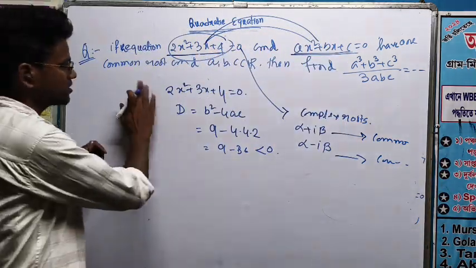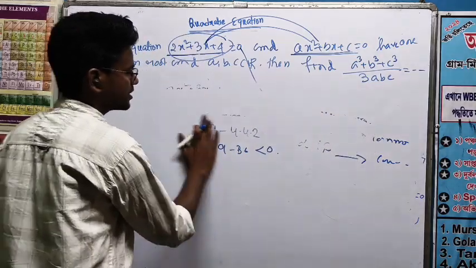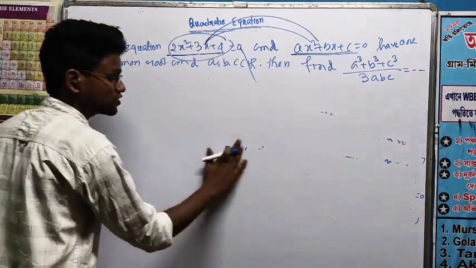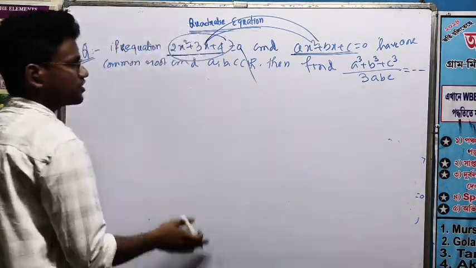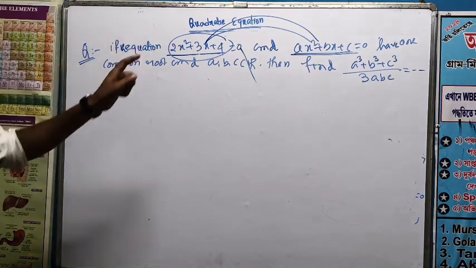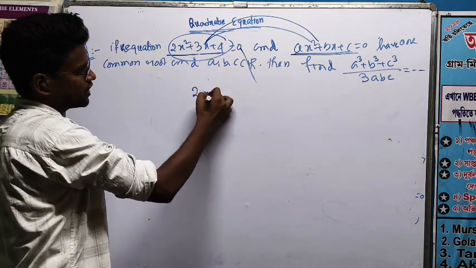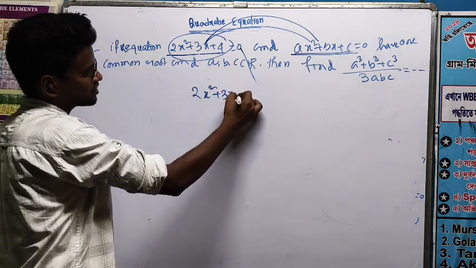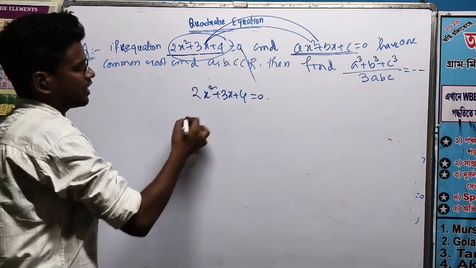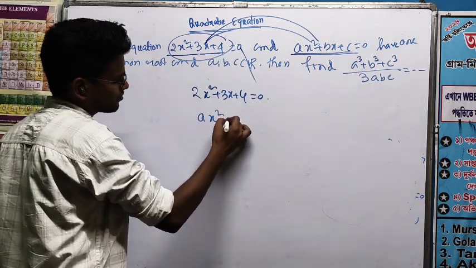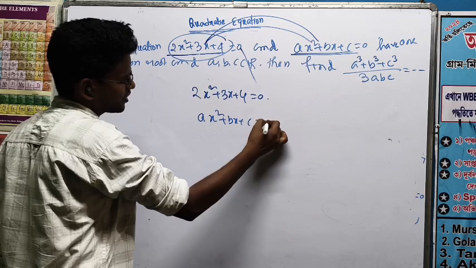So what is the condition? Both roots are common. The equations are 2x square plus 3x plus 4 is equal to 0, and the other equation, x square plus bx plus c is equal to 0.